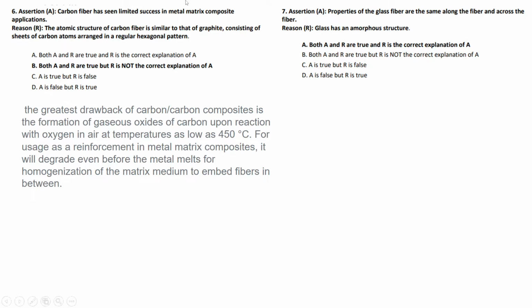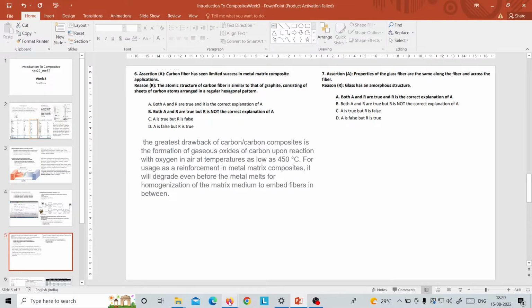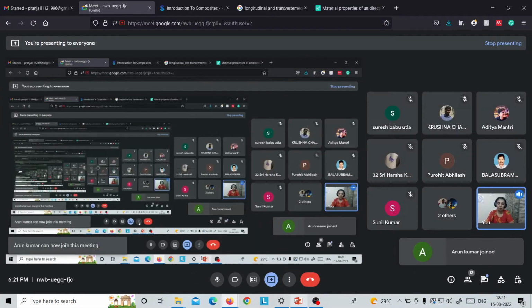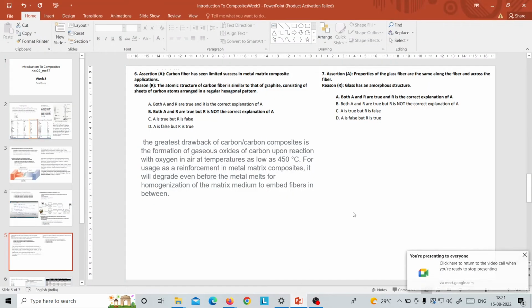So if you are trying to make a metal matrix composite involving carbon fiber as the reinforcement material, then you'll have carbon fiber as the reinforcement laid, then you'll add the matrix material in liquid form for proper homogenization.